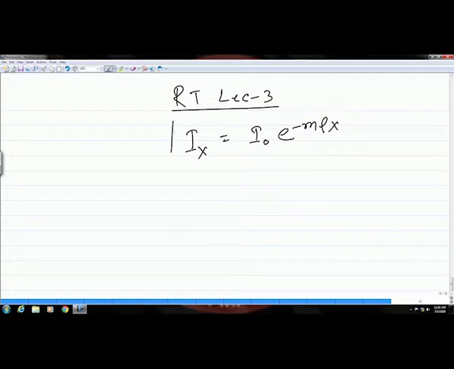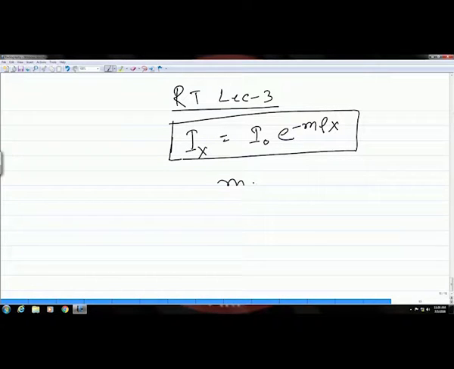So, this is what we derived, and this will form the basis for radiographic testing. And this is the property of the material with regard to absorption of X-rays, and this is known as mass absorption coefficient.